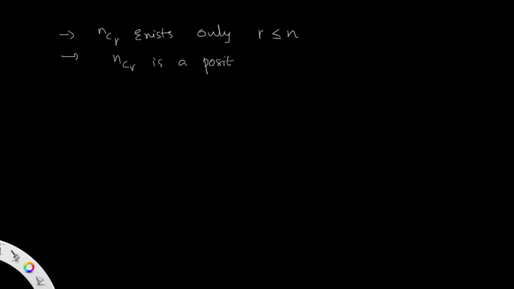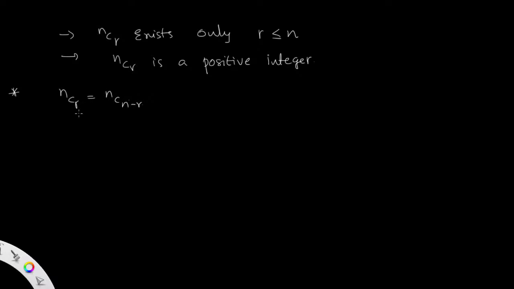Don't take negative values, the value is always a positive integer. Okay, and the basic formula you learned, that is NCR equal to n factorial by n minus R factorial into R factorial. Next, similarly, the second formula we can get now, NCR equal to NC n minus R.